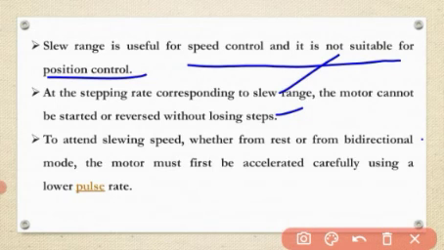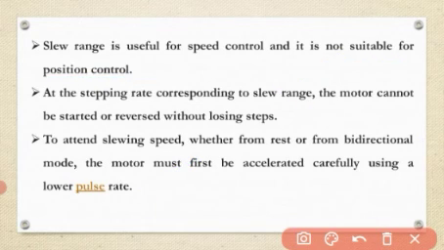To attain slewing speed, whether from rest or from bidirectional mode, the motor must first be accelerated carefully using a lower pulse rate. Once it is accelerated, we can shift to the higher pulse rate of operation.